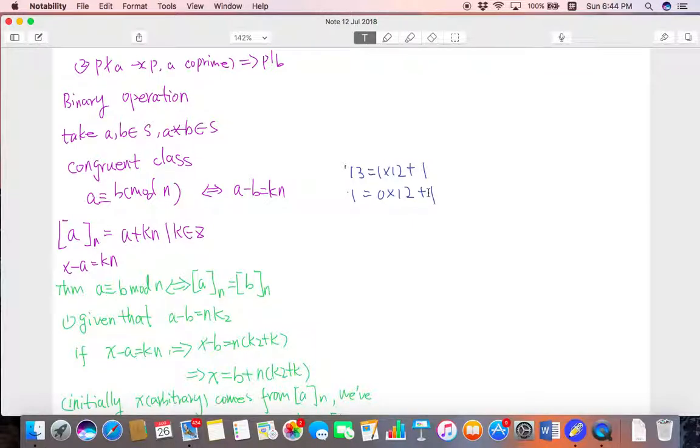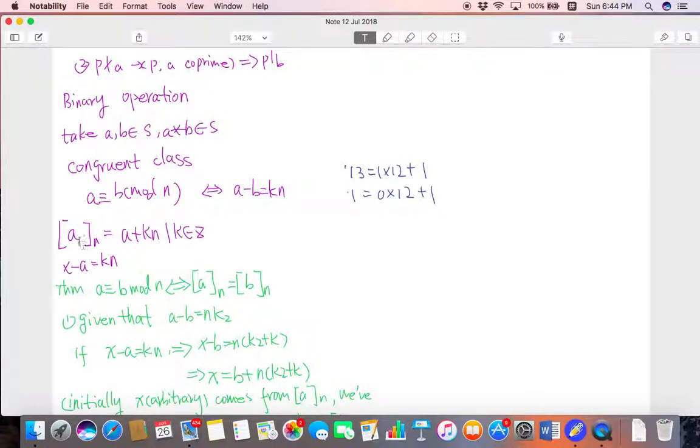And then if you subtract both sides of the expression, you will find this is where we get our definition from, the congruent class.